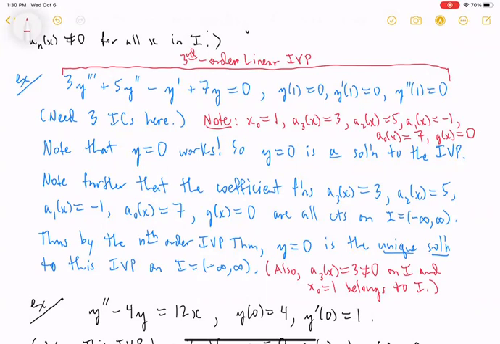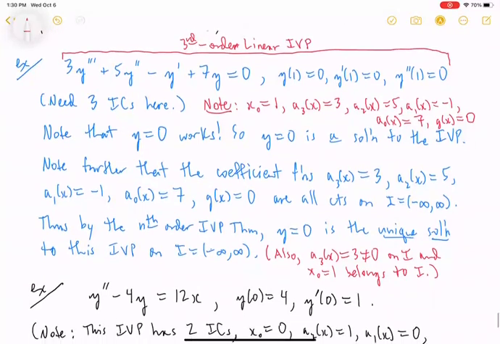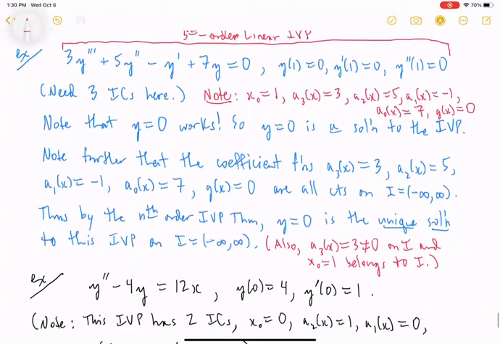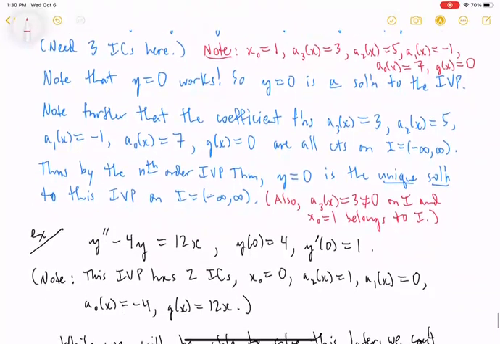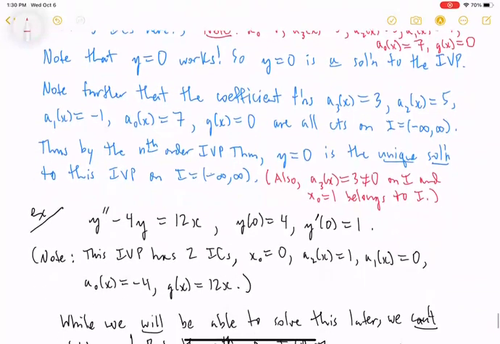Okay. So this thing's looking pretty good. Before we even do anything, what do we know is going to be true? Right, there's going to be a unique solution. Yeah, there will be a unique solution. Okay. So this IVP has 2 initial conditions. x0 is 0, a2 of x is 1, a1 of x is 0, a0 of x is -4, g of x is 12x.